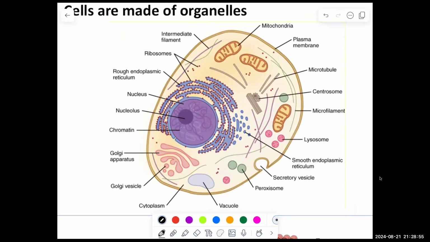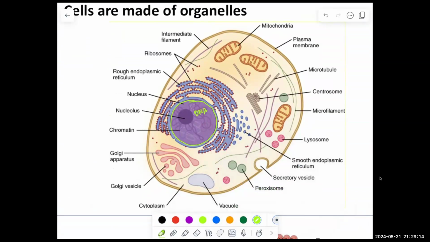Okay, so let's start with identifying the functions of some of these. What is the big purple thing called again? What's the nucleus for? What is its role? What does it do? It holds the DNA.